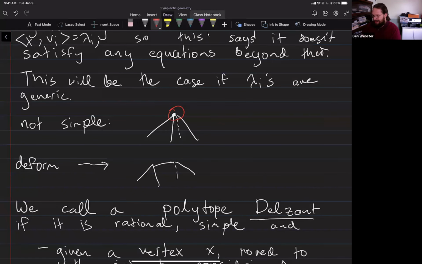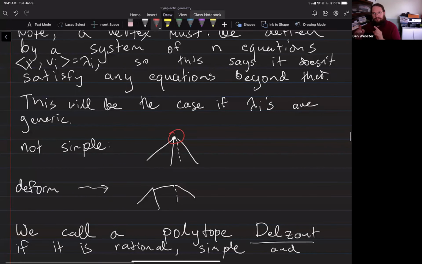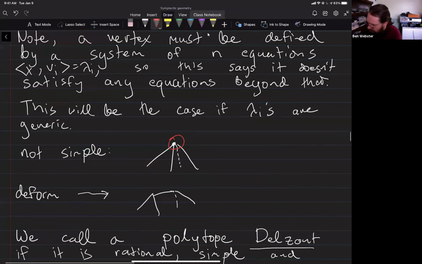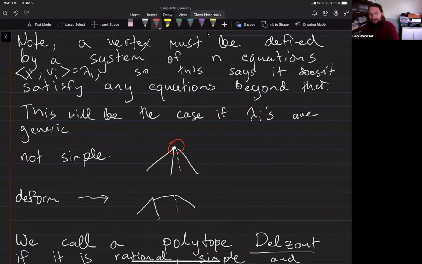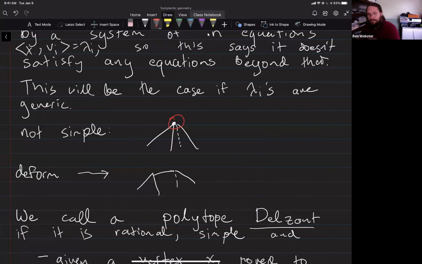Another way of saying this is that the normal vectors of the hyperplanes going through your vertex form a linearly independent set. And note here, if I jiggle my lambda i's, I'll break up any linear dependence, and I'll end up back at a simple one. So for example, with this pyramid example, if I jiggle my lambda i's, this vertex will break up into a line and 2 vertices, both of which do satisfy the simplicity condition.